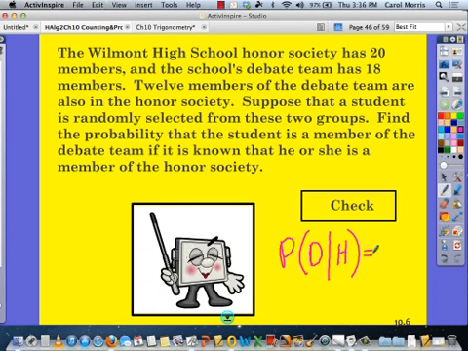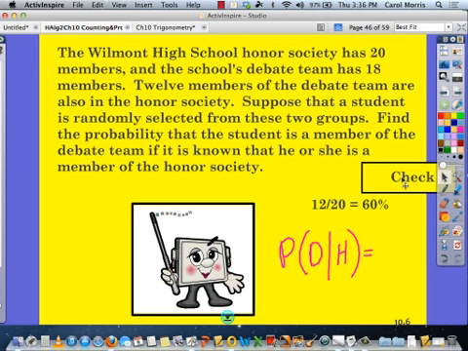So 12 out of 20 is the number combination you should be looking at, given the Honor Society. So 12 are debate, given we have the whole Honor Society, and if we check, 12/20ths or 60% is the solution we're looking for.